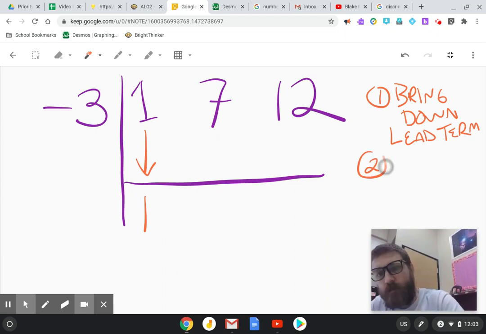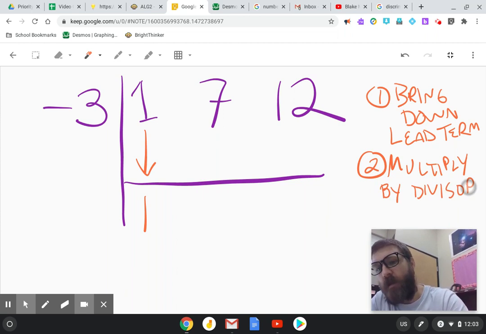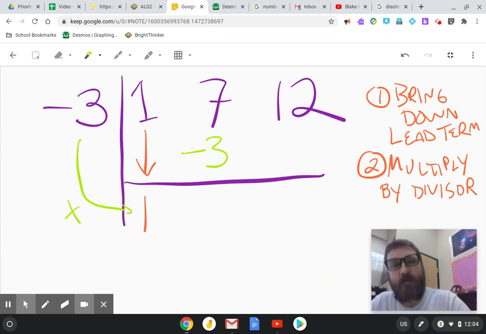Step 2, multiply by the divisor, the divisor being the negative 3. So in other words, this negative 3 gets multiplied by that 1. So we're going to do negative 3 times 1, and that's going to be negative 3 here.